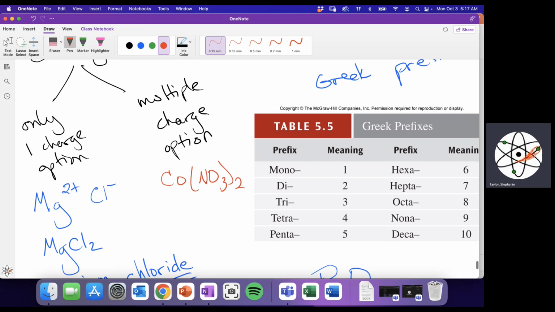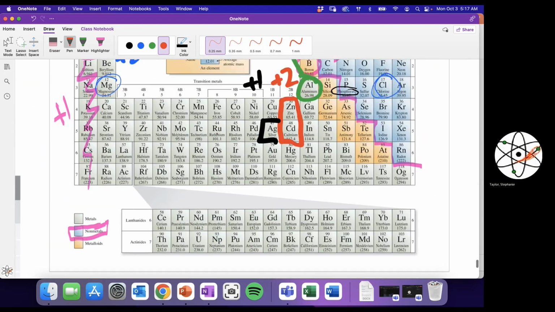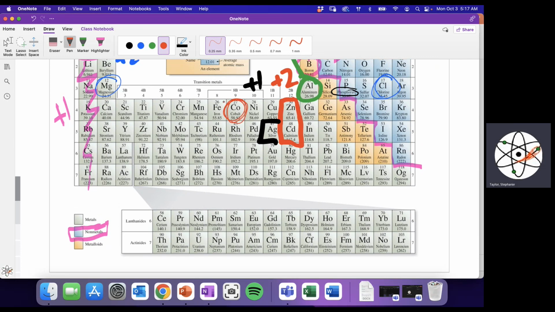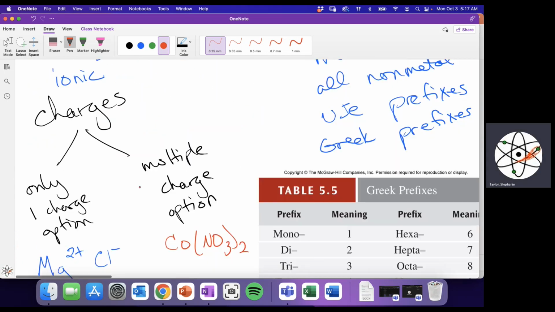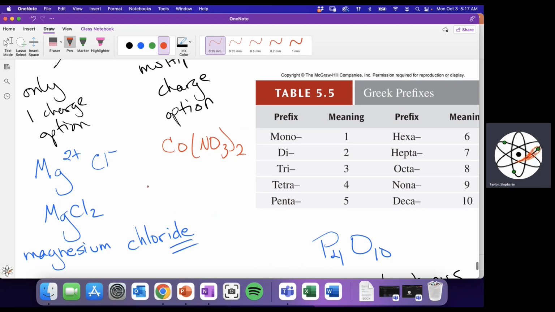So essentially, I need to know about this anion so that I can know what to name the cobalt, because cobalt is hanging out right here, cobalt. So it's not a known one, it's in the unknown set. So it could have a whole bunch of different charges. So I have to tell my audience what the charge is on cobalt, but to do that, I need to know what the charge is on this thing.